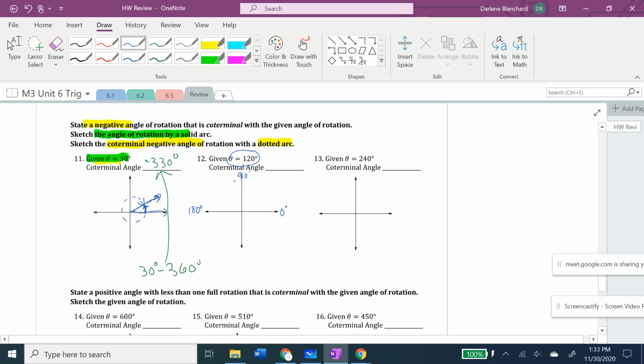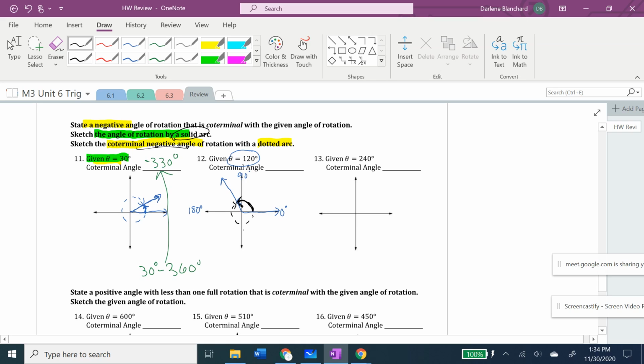120 is 30 degrees beyond 90. So I'm going to go and cut that quadrant into thirds. And I have my initial side and my terminal side with the angle going in this direction. So I want to emphasize when it says solid arc, it's referring to this. For the coterminal angle that is negative, it's referring to this.